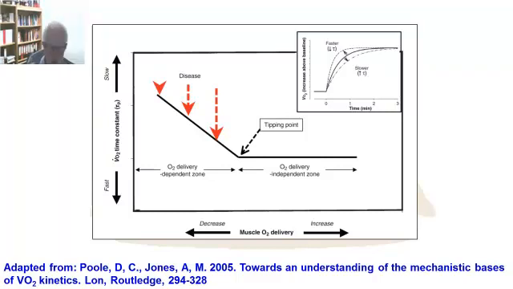As we start to get a decrease in O2 delivery, for whatever reason, it might be a pathology or whatever, we tip more into this point where it starts to become much more reliant on anaerobic metabolism.